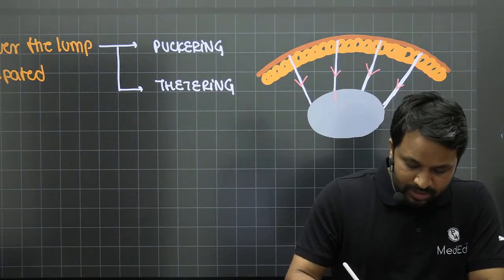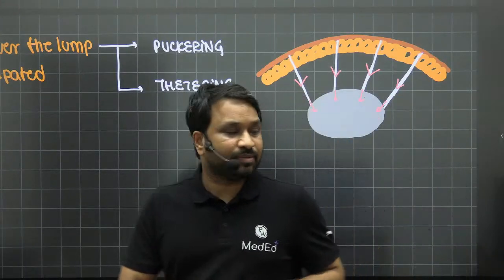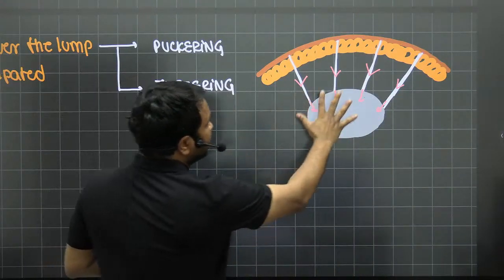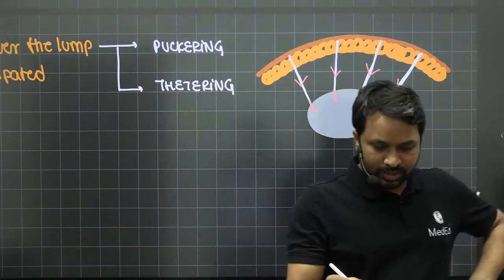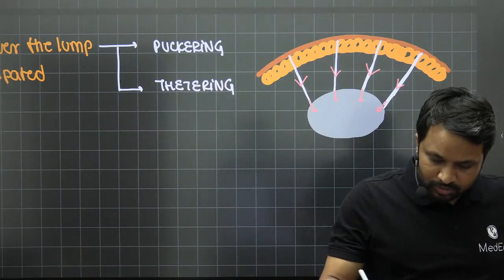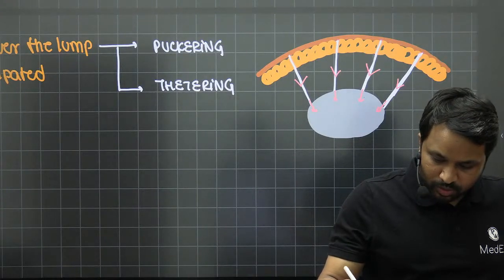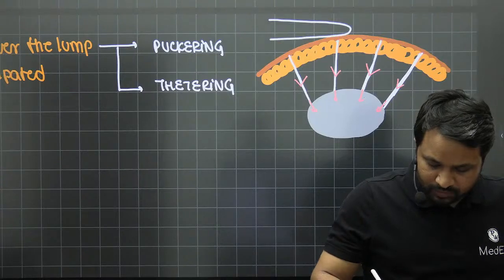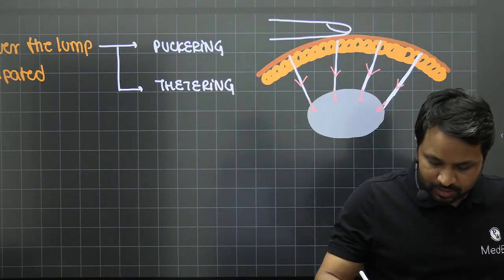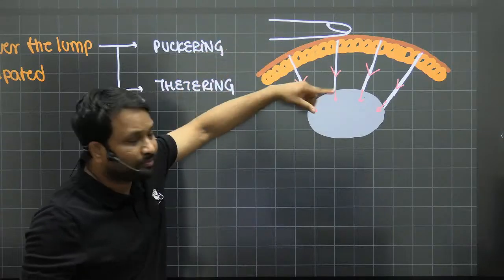The lump is holding onto these Cooper's ligaments, and the Cooper's ligaments are holding the skin. Now, what I want you to do is put your finger on top of the skin here. You are now putting the finger, there's a lump, and you're able to feel the lump, right?